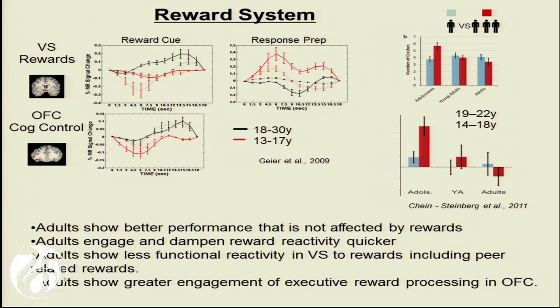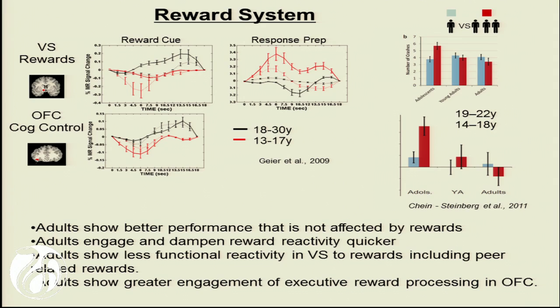Now, when we think about reward motivation, we're seeing something that's a little bit interesting as well in young adulthood. Again, these are the emphases that I can make because we have not been concentrating on young adulthood as its own stage. In black is adults, in red is adolescents. This is a typical finding. I'm showing you my work, but B.J. Casey and a whole group of us have been finding similar findings.